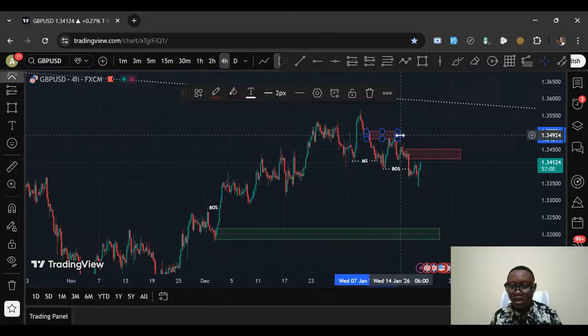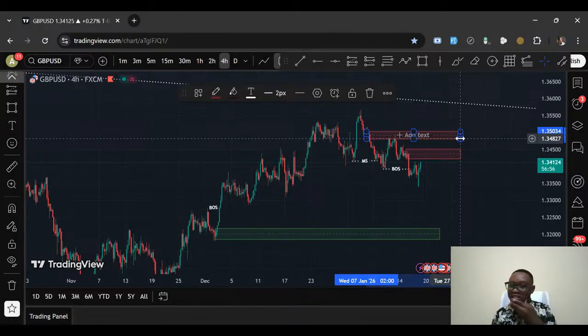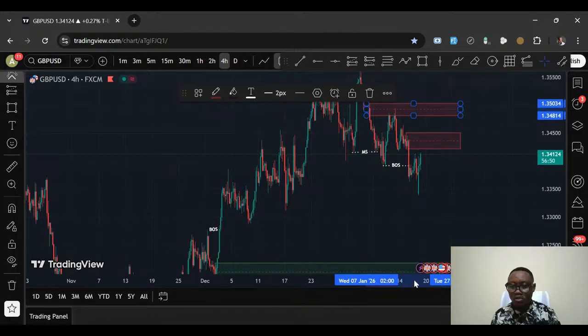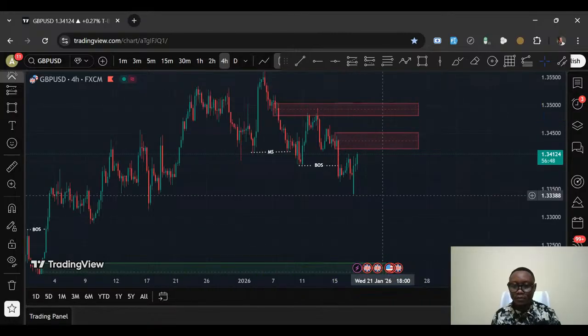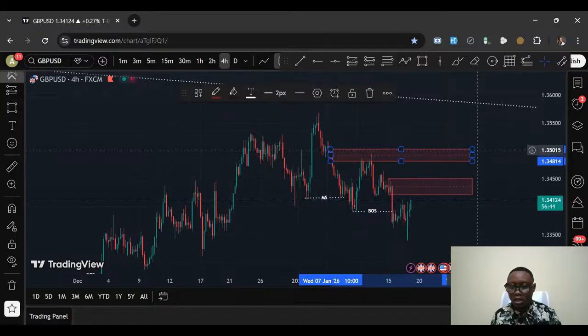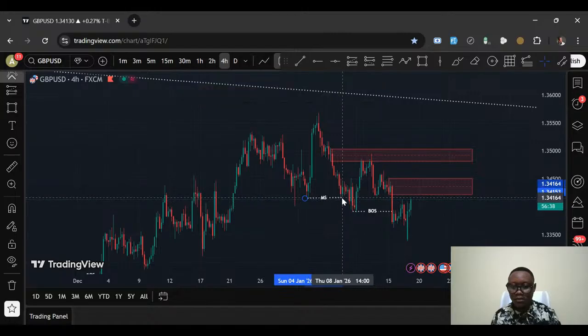And look at what price did. Price has already tapped into the order block zone. Let me zoom in. It is this order block zone that led to this market shift that we have here. This is our market shift.